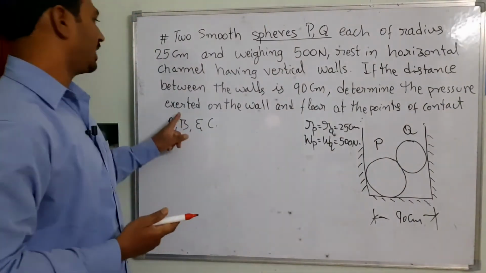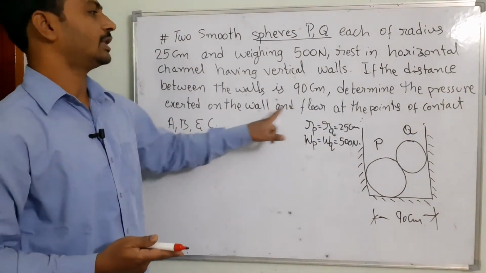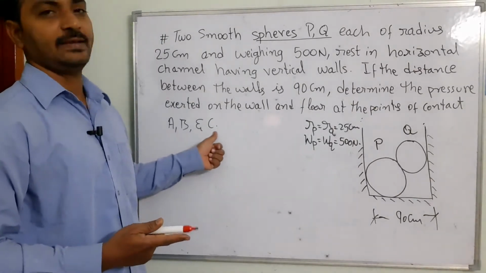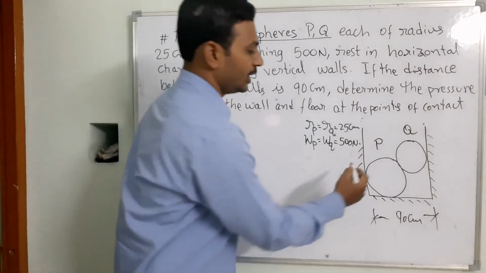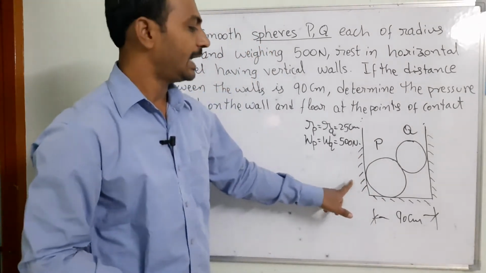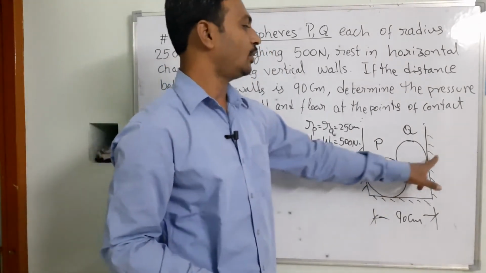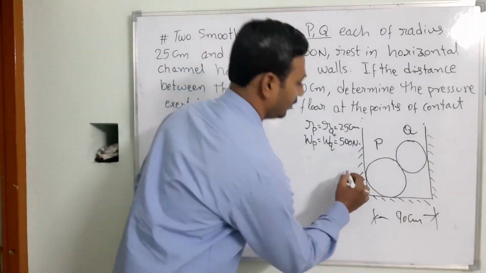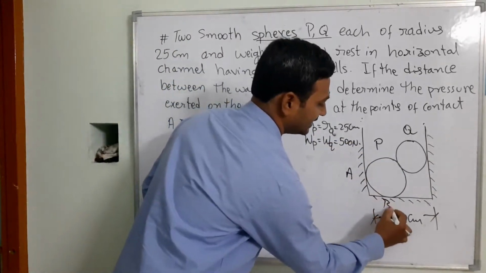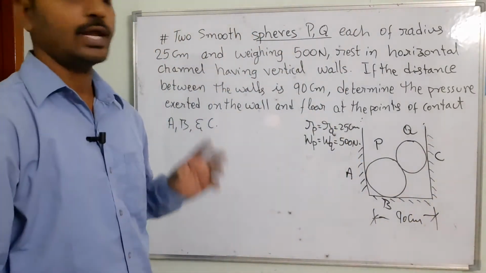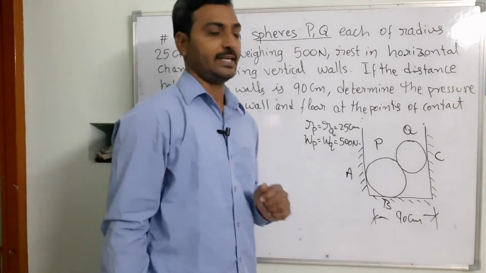Determine the pressure exerted on the wall and the floor at the points of contact A, B and C. The sphere P has contact with the vertical wall here and with the floor, and Q has contact with the other vertical wall. So this is A, this is B, and this is C. Those are the contact points.